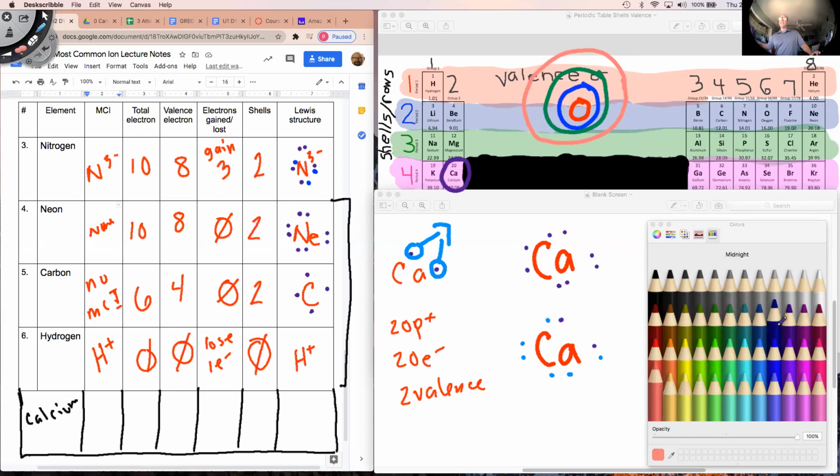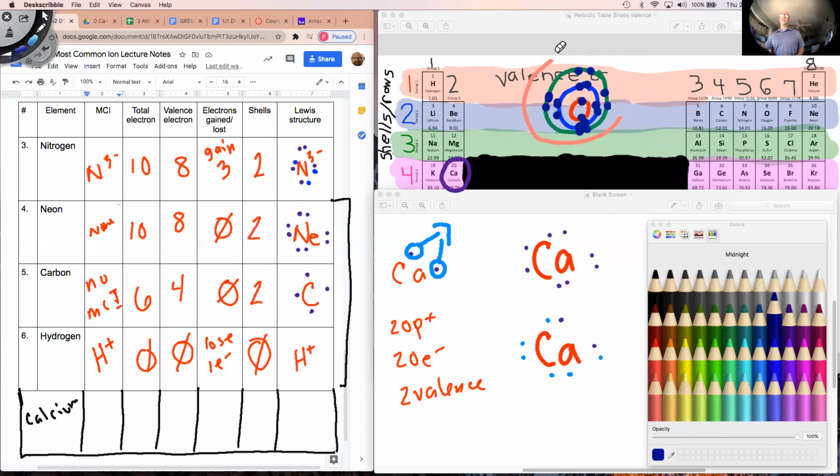So calcium is sitting out here with these 2 electrons, and then it has 8 electrons in here, and then 8 electrons, and then 2 electrons at the very end. What is calcium going to do to become more stable or to get 8? Are we going to gain 6 electrons, or are we going to lose 2? What would be easiest? The easiest thing to do is to lose 2 electrons.